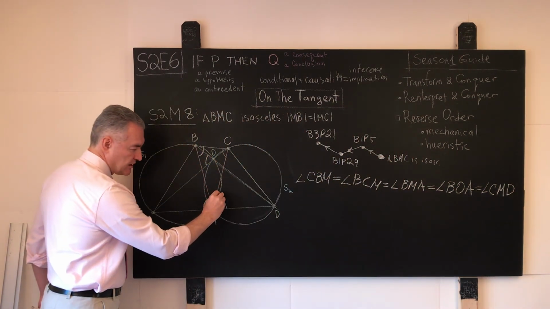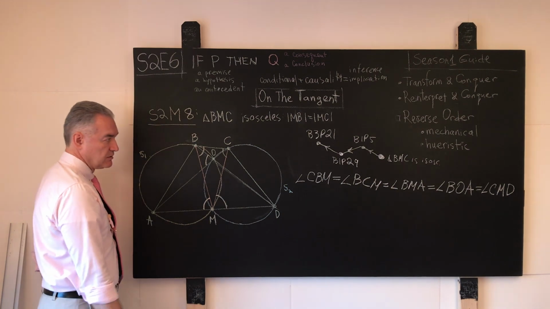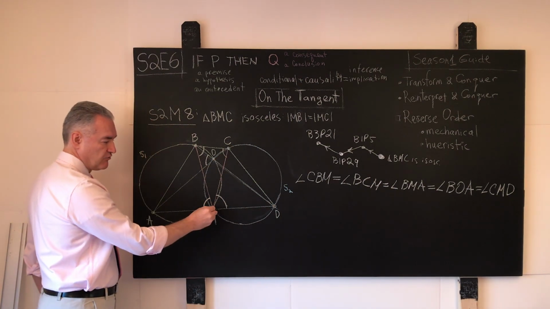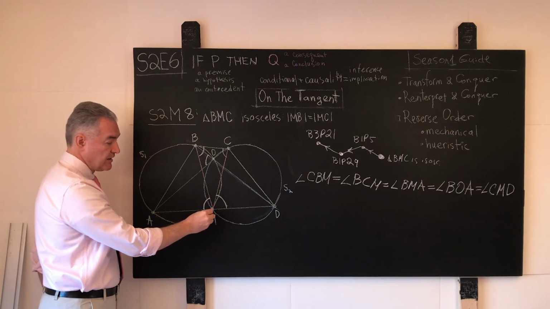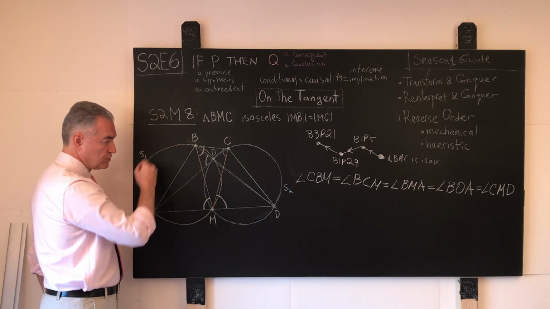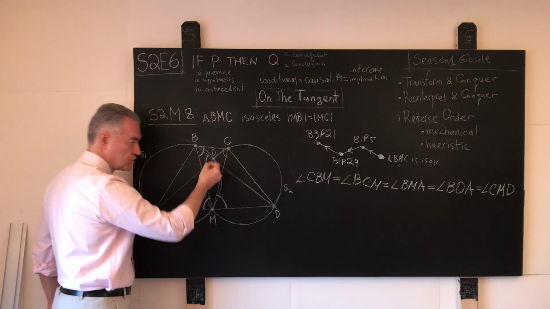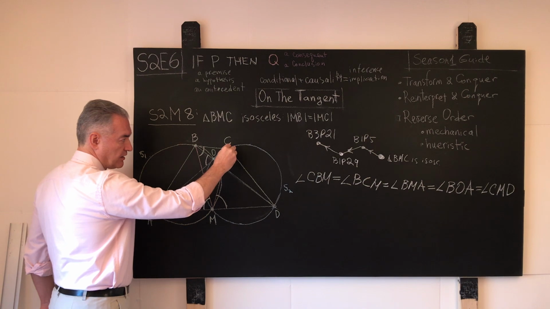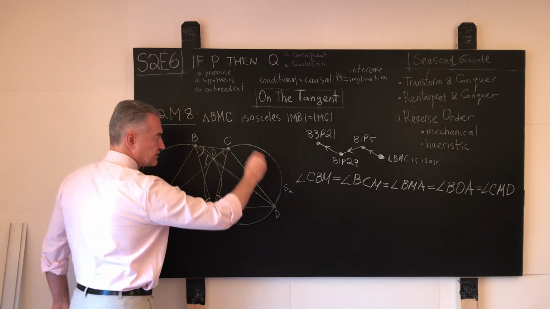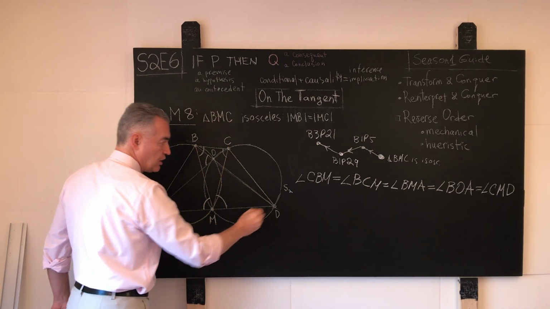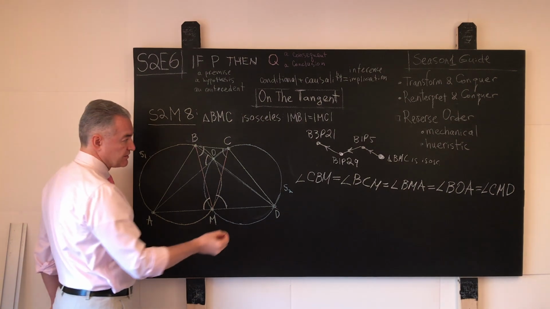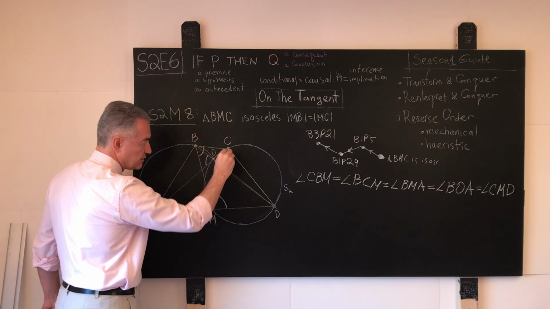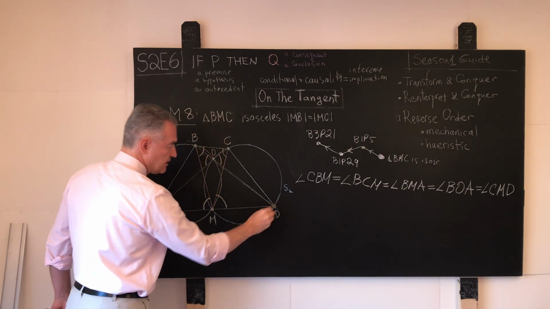And analyzing the angle CMD, we see that the vertex of that angle belongs to the circle S1, but it also belongs to the circle S2. And in the circle S2, the angle CMD subtends the arc CD, which is exactly the same arc that is subtended by which angle? By this angle right here, COD.